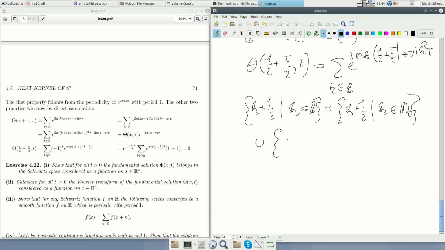What is missing is minus k plus 1/2 with k in N0.